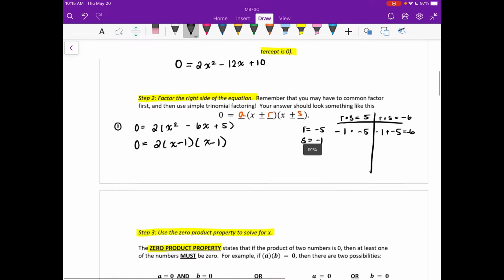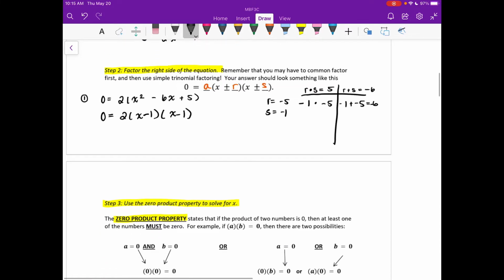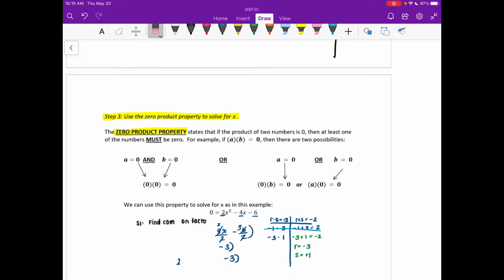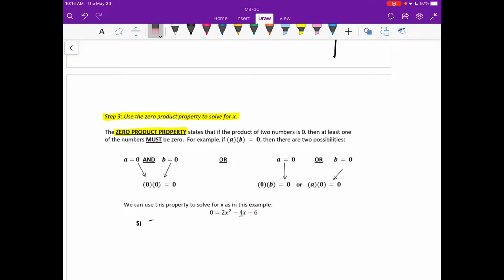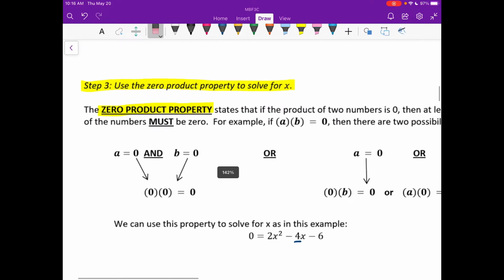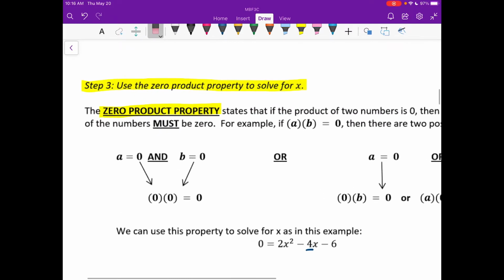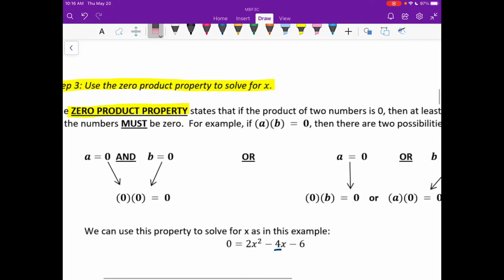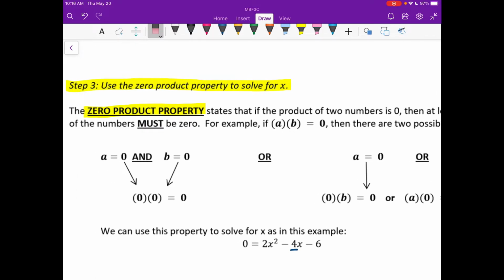Then what we're going to be doing is something that we call the zero product property. Oops, I kind of jumped ahead of the curve here and wrote down my answers. It says a zero product property states that if a product of 2 numbers is 0, then at least one of the numbers must be 0.